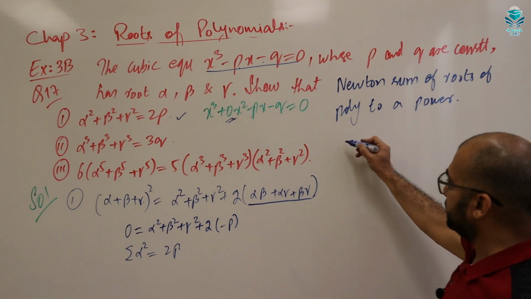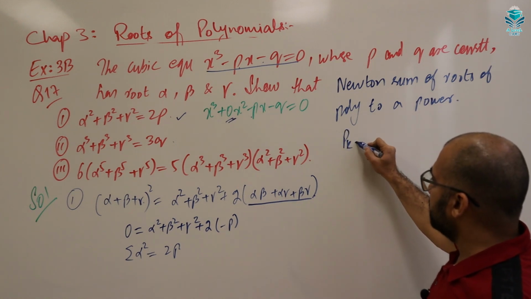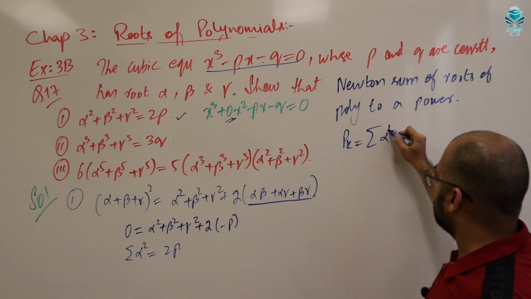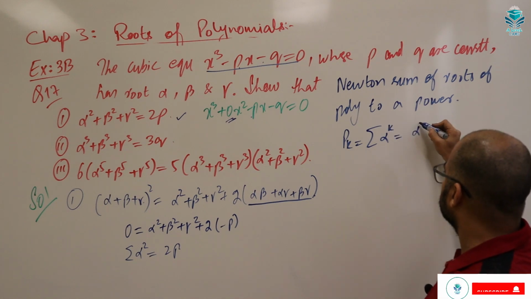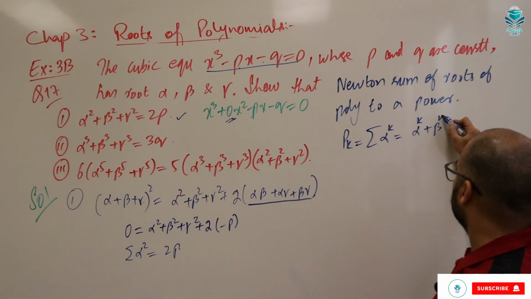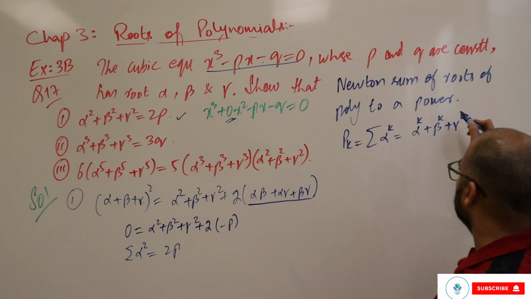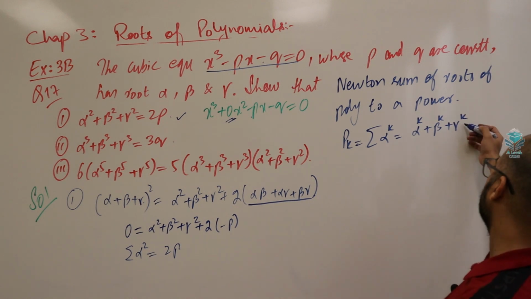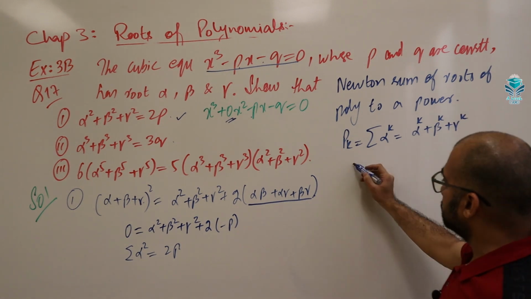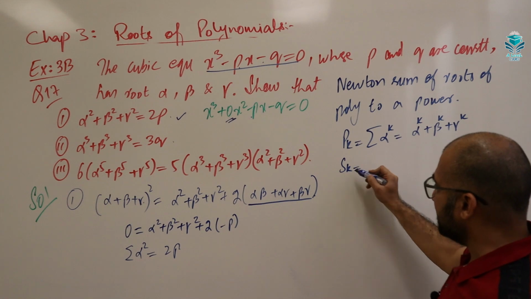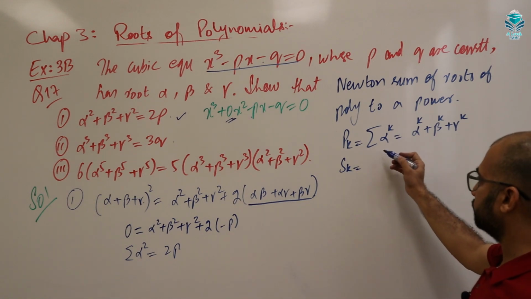So here we take pk as the sum of alpha k, meaning alpha k, beta k, gamma k. Understand? And if we have more roots, we can write it as: sk is the sum of products of k roots.